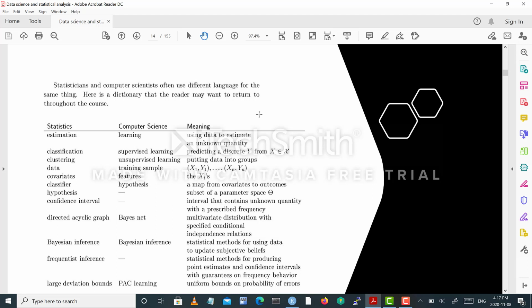Clustering is called unsupervised learning.